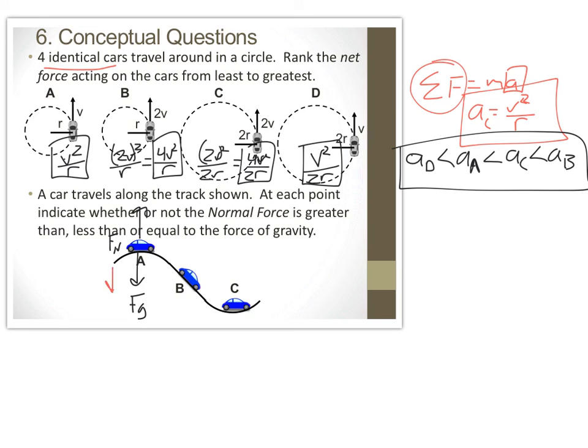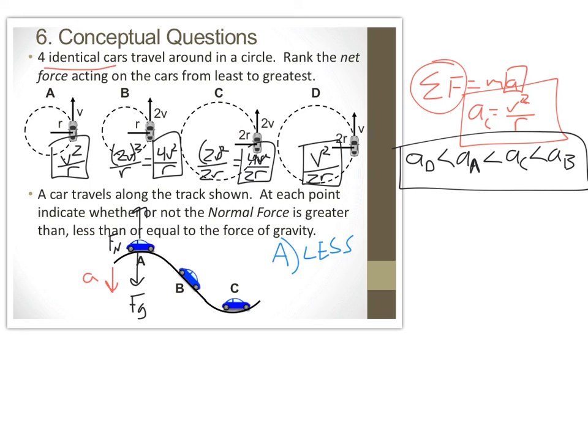Since it's traveling in a circle, going up and over that hill still represents a circle, so it's accelerating down. So at A, the normal force is going to be less than the force of gravity, because we need more downward force to create that acceleration.